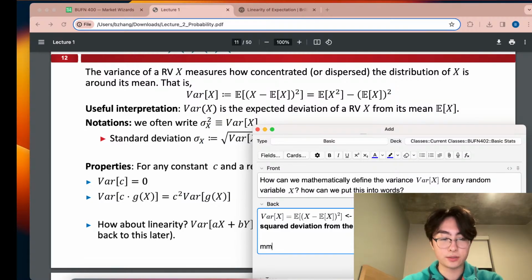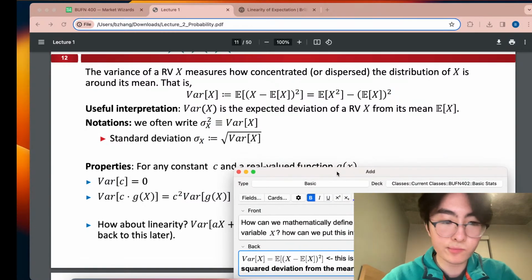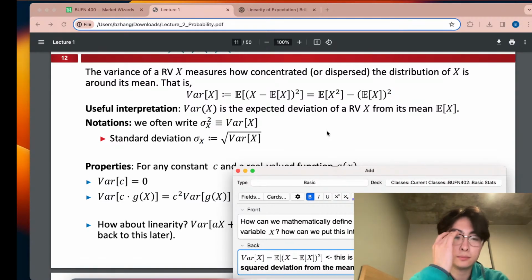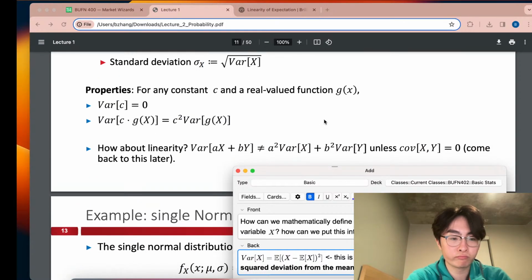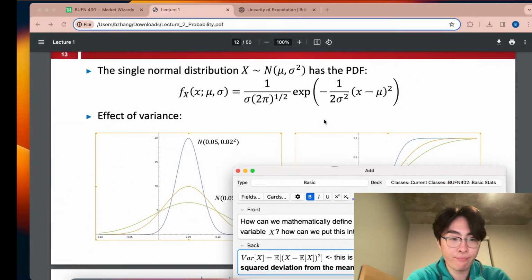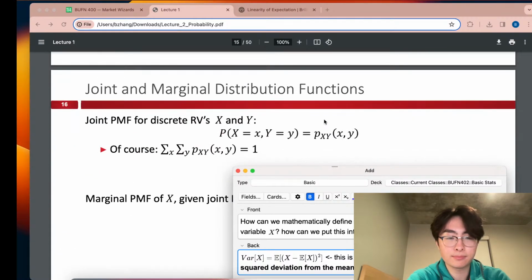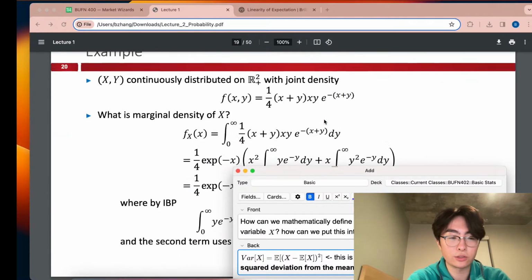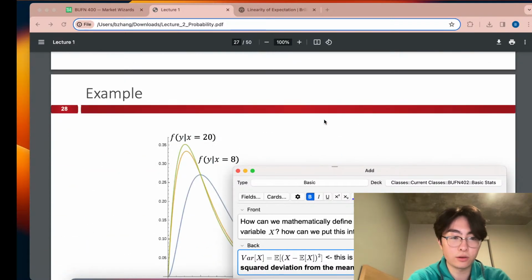Okay, so this is nice. Now we have variance of x is equal. Joint distribution, covariance property involving covariance.